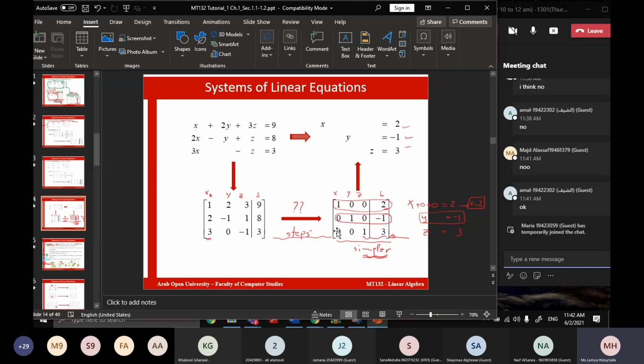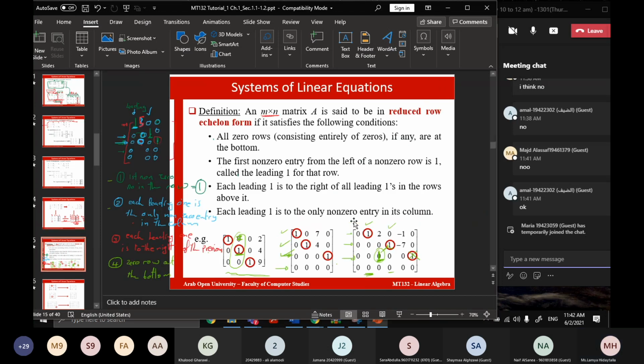One of these forms is the echelon form. One of the forms we can reach to solve our system easily is the echelon form. We know how the echelon form looks, and later in the coming class we will see how to get the solution. But now let me start showing you the steps to go from here to there.